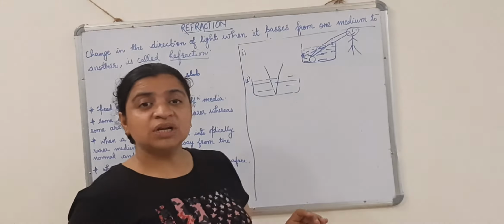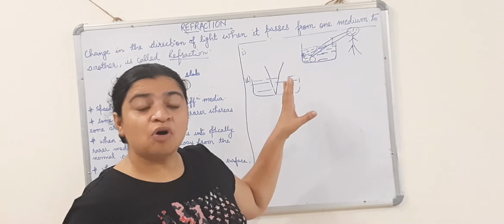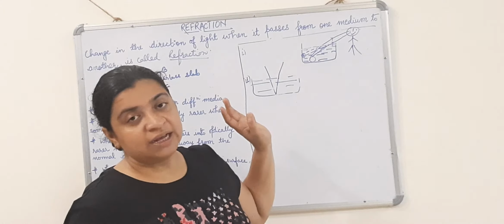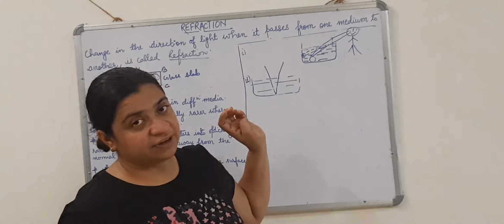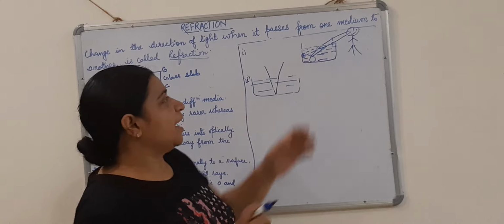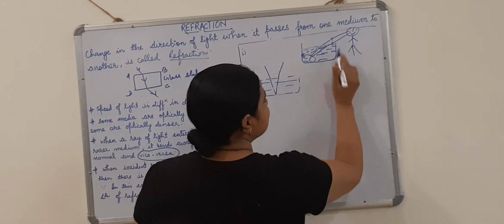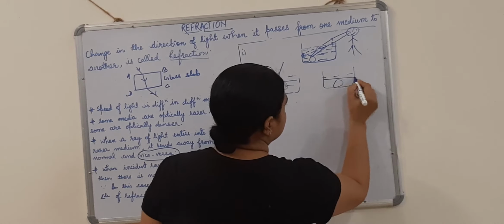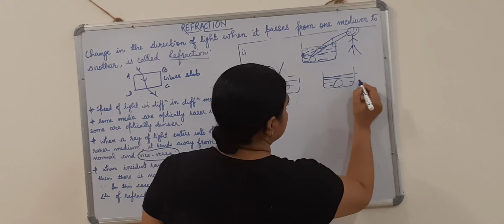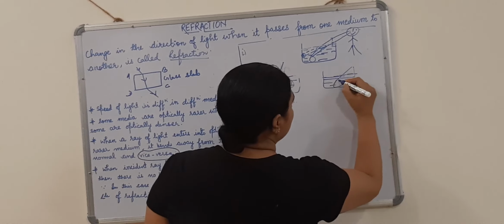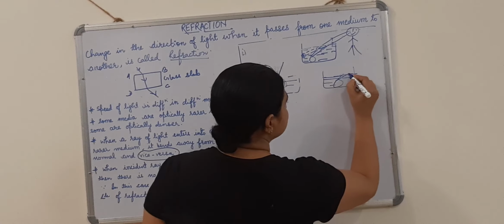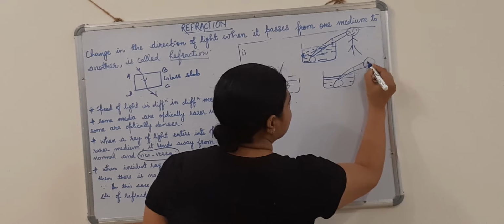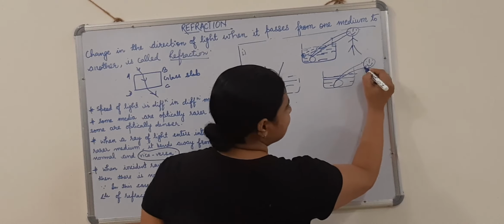Why is this a virtual image? Because this image is not formed by the actual intersection of the light rays. The light rays bend at this point and have gone like this, they have not intersected anywhere.